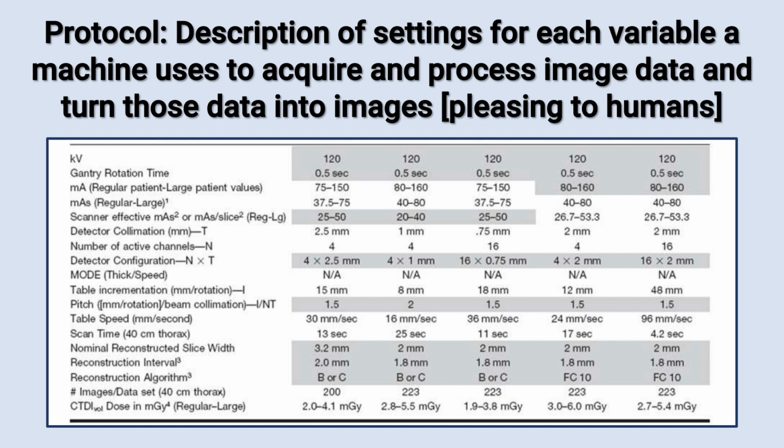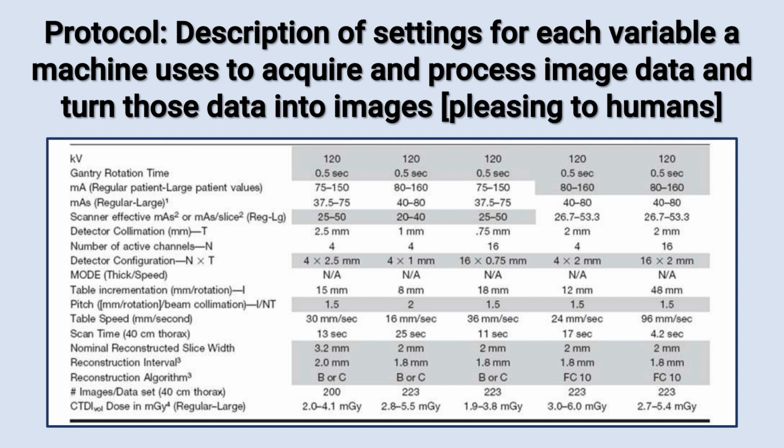One of the biggest causes for that is differences in protocol, and protocols are the settings for each variable that a machine uses to acquire or process the image data, and then turn those data into images which are pleasing to humans. Here I'm listing 5 different CT scanners, which all are trying to generate images that are appropriate for screening for lung cancer.